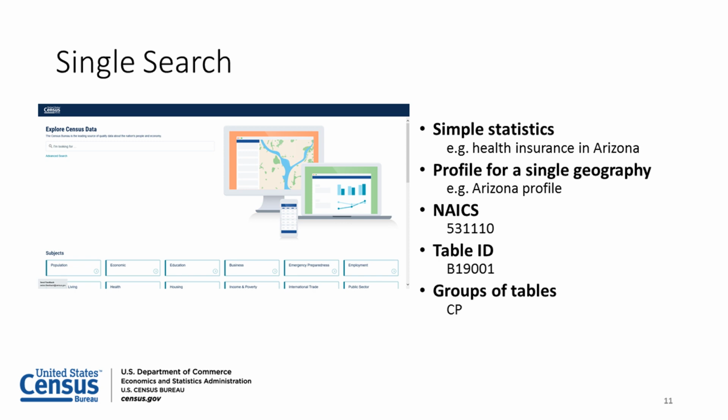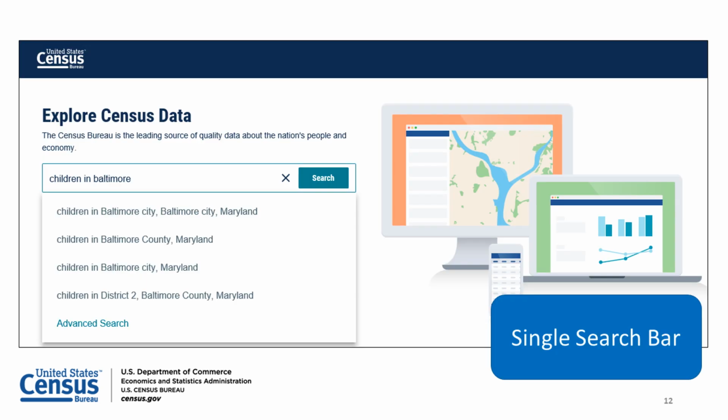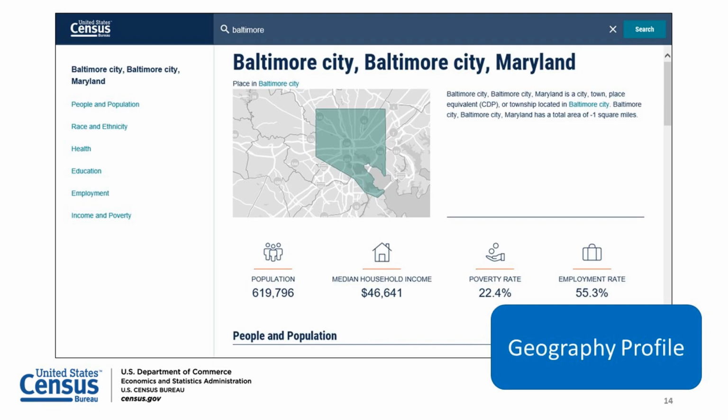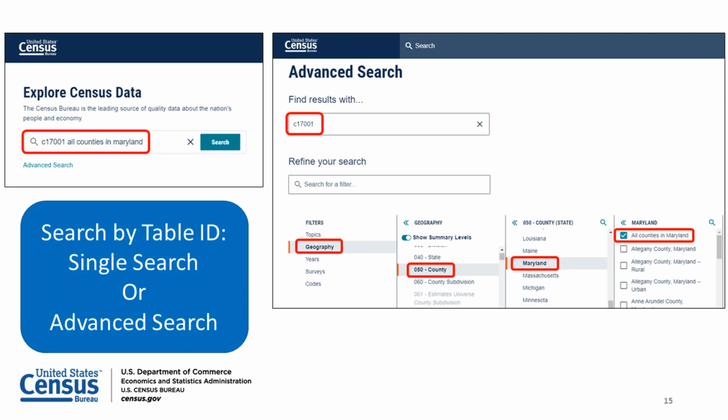Then there's also the single search bar, where you put in a topic and then a geography, pulling up that table in the all results page, and the geography profile if that's of interest. Then also searching by table ID like we talked about.